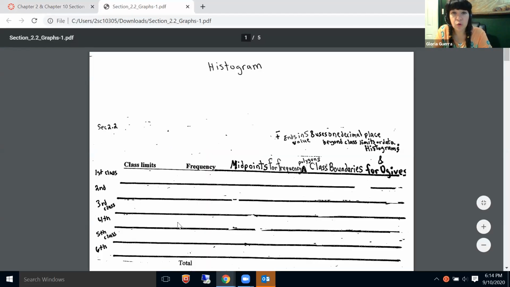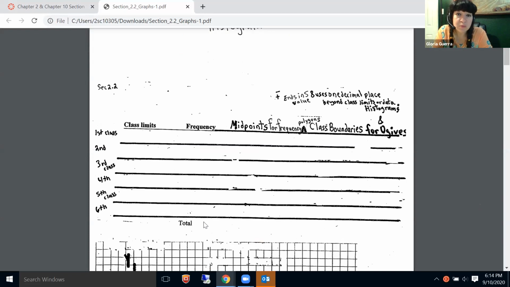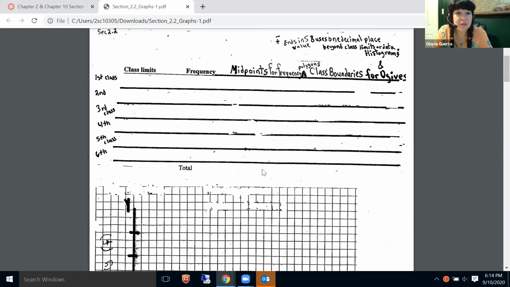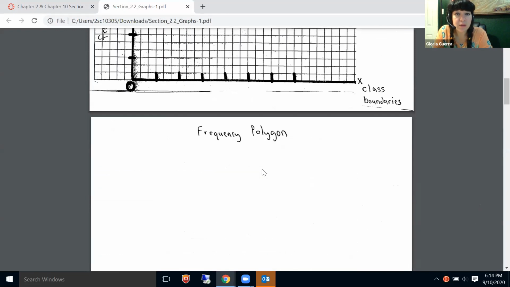Also, when you do your homework, if you want to do it on paper first and then create it on the computer, this might be helpful because it's got a setup for class limits, frequency, midpoints, class boundaries, and some generic graphs already.